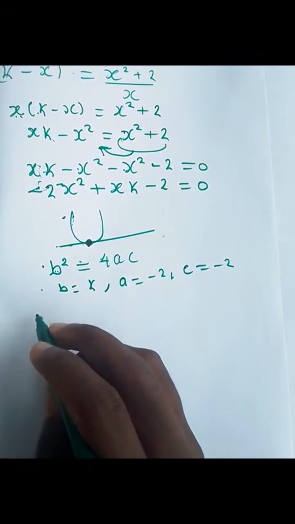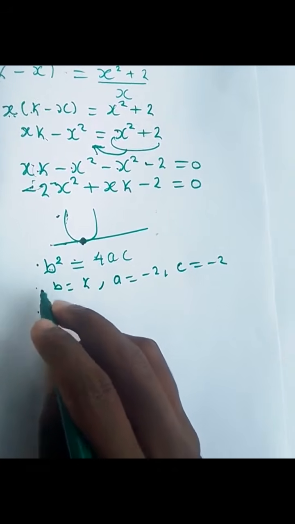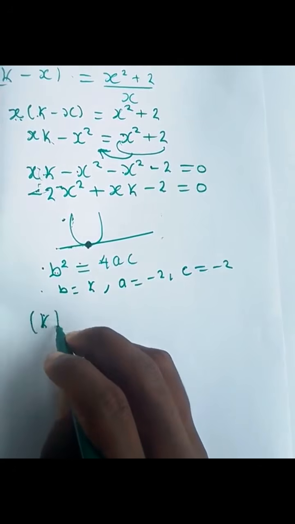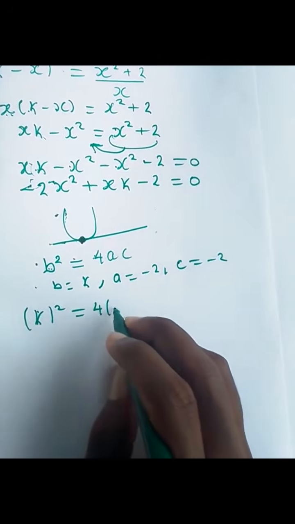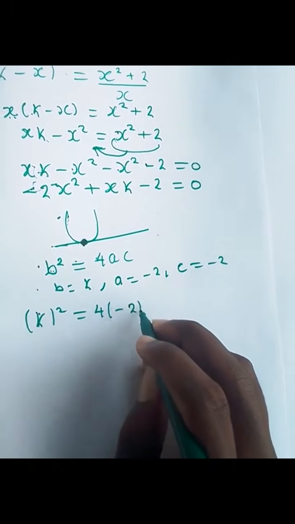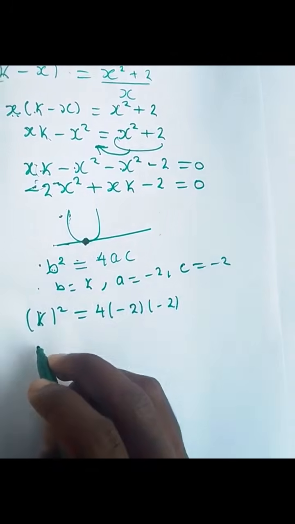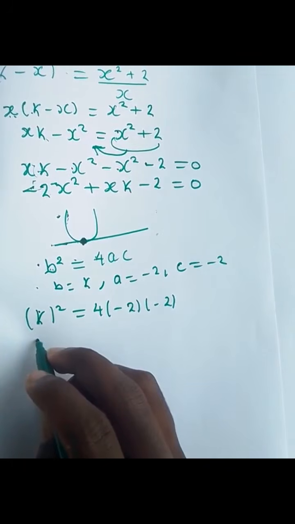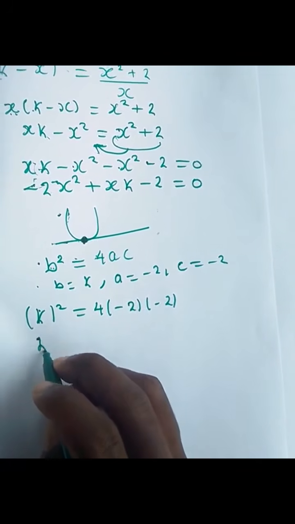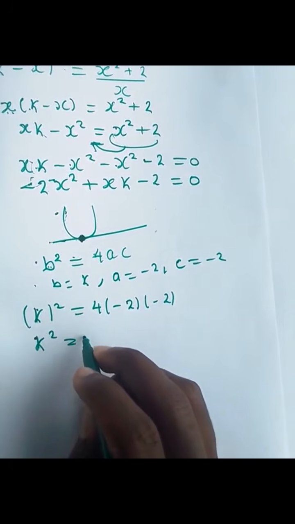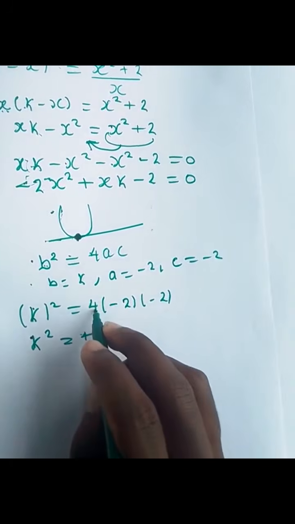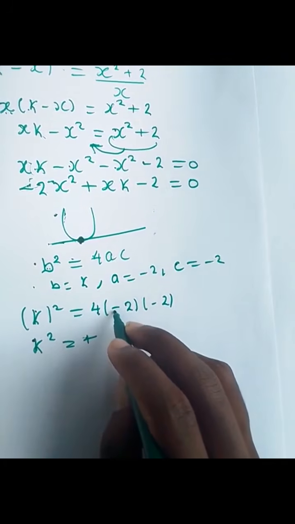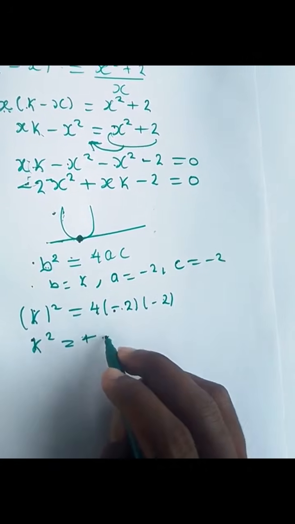So it's going to be k power 2 is equal to 4 times -2 times -2. So k power 2 is equal to, if you multiply 4 times 2, that will be 8, 8 times 2, 16, right?